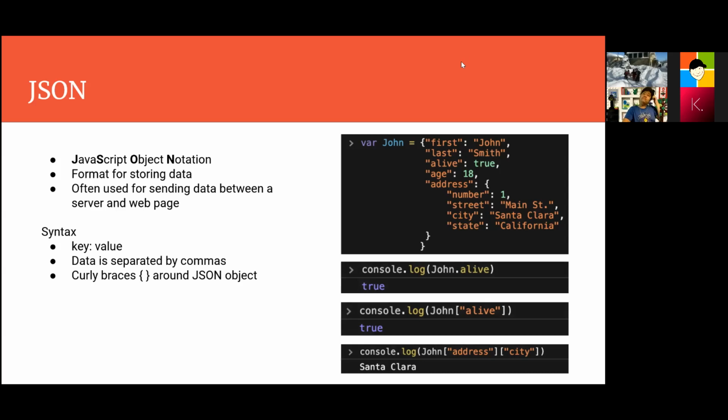It works the same with embedded arrays. If you do John and you get the address of John, that'll return a JSON object. And in order to get the city, you use square brackets again.